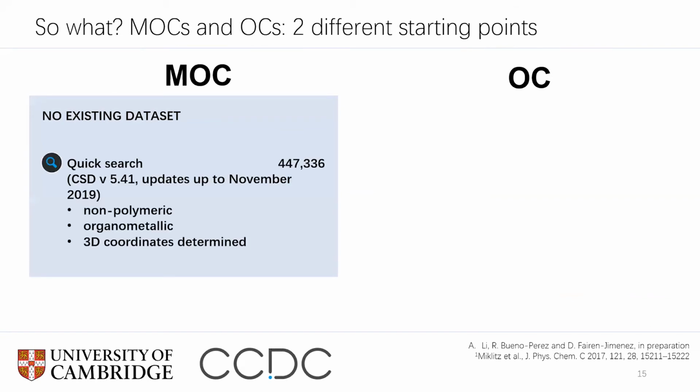If I did a quick search in ConQuest for non-polymeric organometallic structures with the 3D coordinates determined, I end up with 450,000 structures, which is a lot. And I don't really want to calculate the TDA fingerprints on all of them.